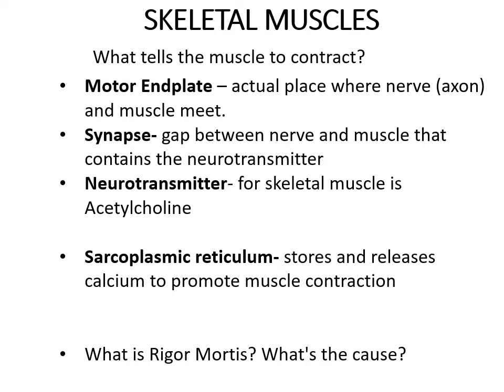What's the sarcoplasmic reticulum? Well, this is part of the muscle cell that stores calcium and promotes muscle contraction when an action potential comes down a nerve, releases acetylcholine and stimulates the muscle fibers.